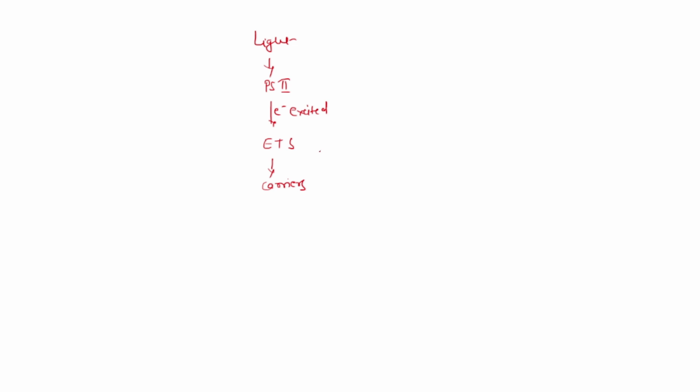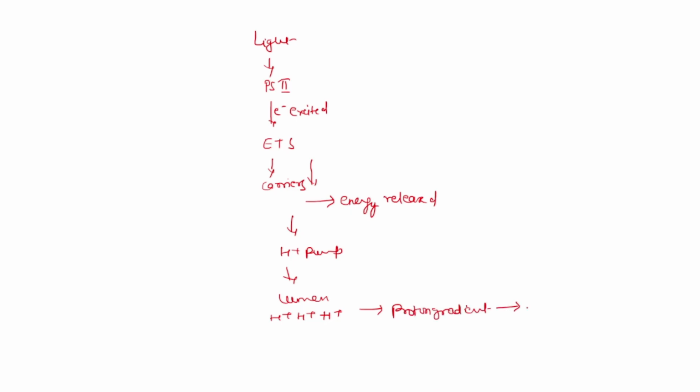As the electron moves downhill through the carriers, energy is released, and that energy is used to pump protons into the thylakoid lumen, creating a proton gradient to synthesize ATP.